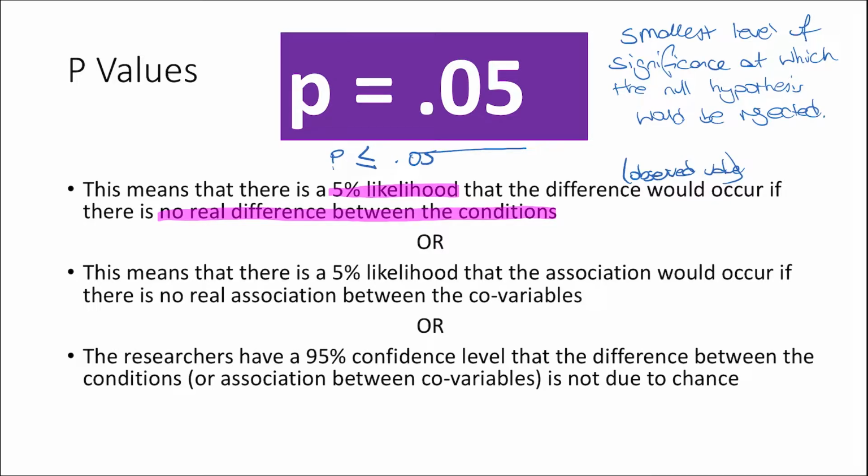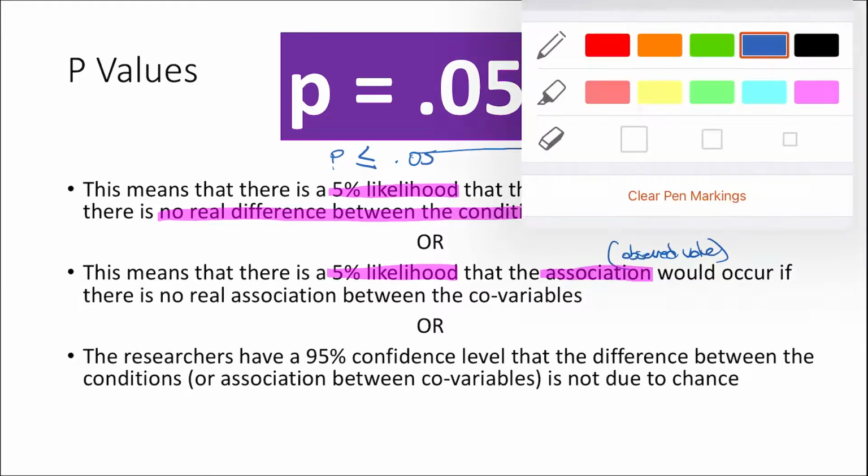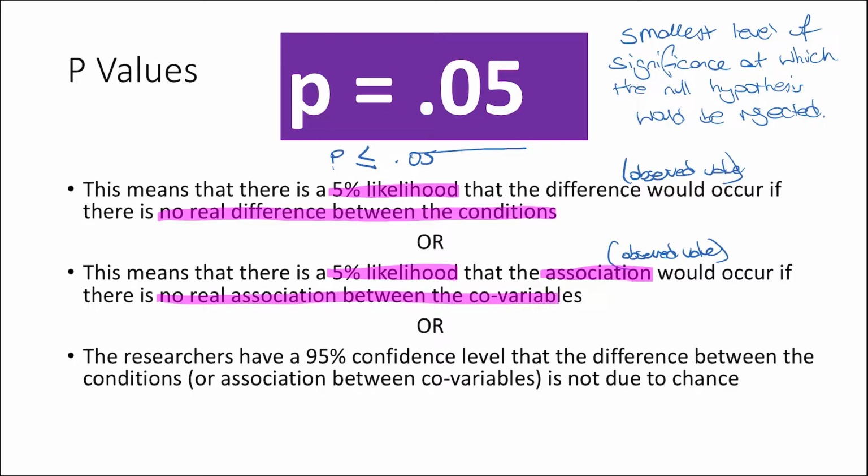Or if it's an association, we're saying there's a 5% likelihood that the association that we have observed would occur if there was no real association between those co-variables. So with p equals 0.05, we're claiming there is a 5% likelihood that that difference or association would occur if there was no real difference or association.